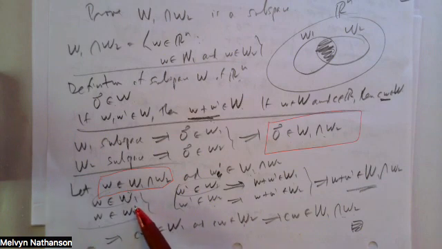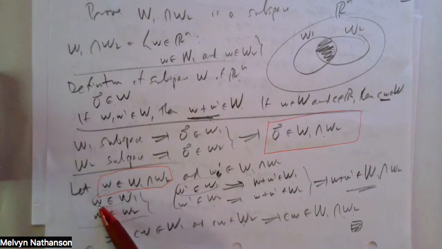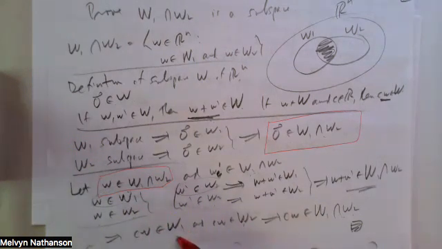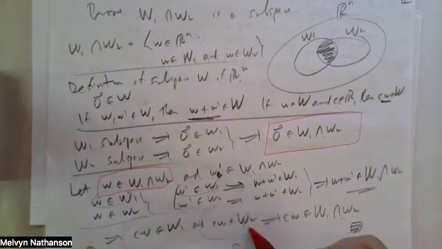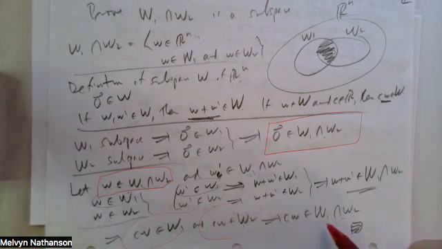Take a scalar C. C times W is in W1 because W1 is a subspace. W is in the vector subspace W2, so CW is also in W2. So this vector C times W belongs to both subspaces, therefore it belongs to their intersection. That's the definition of intersection.